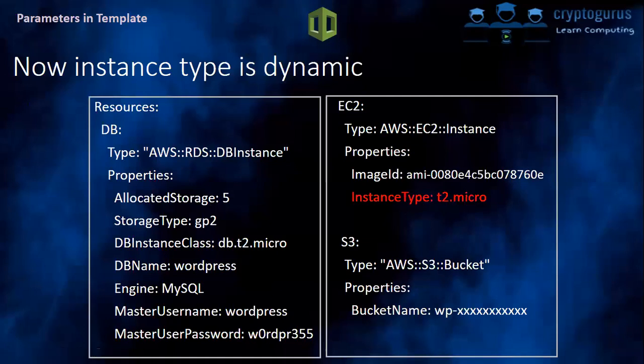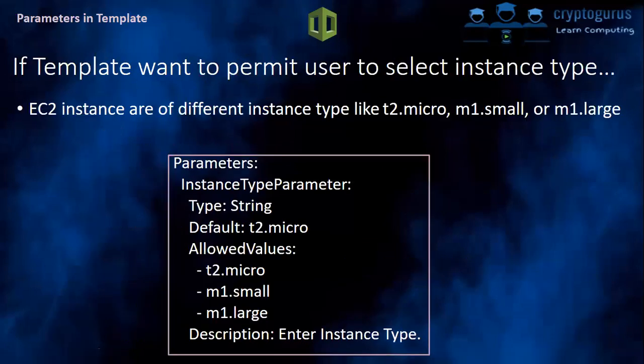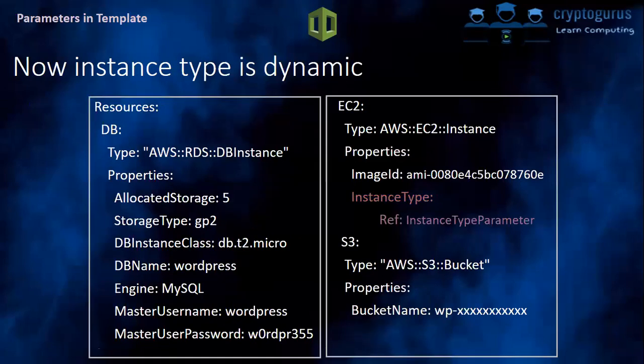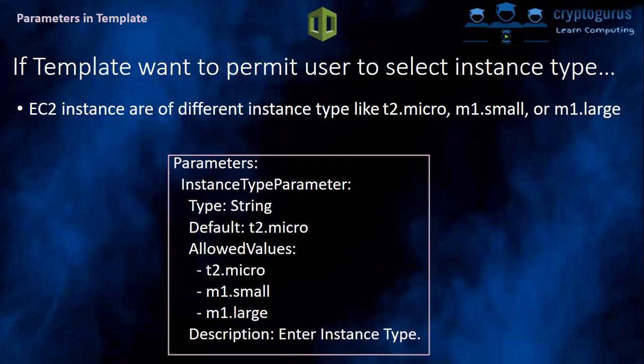So I can declare the parameter section as we have declared over here, and this instance type could be replaced by calling a function. This is a function, Ref. In a CloudFormation template, I can have a function which is always called with the keyword Ref, followed by a colon and the instance type parameter. This is what we have specified earlier in the parameter section.